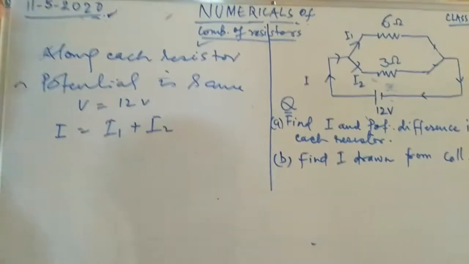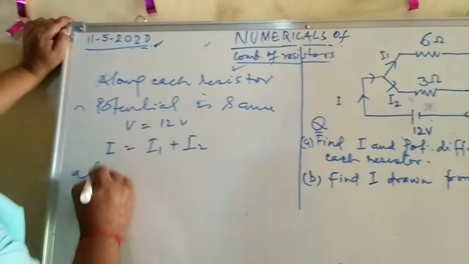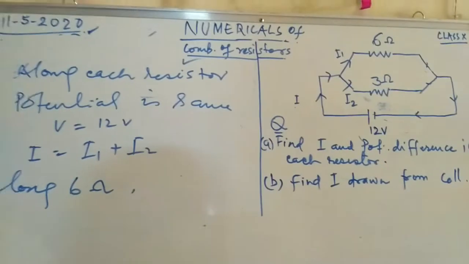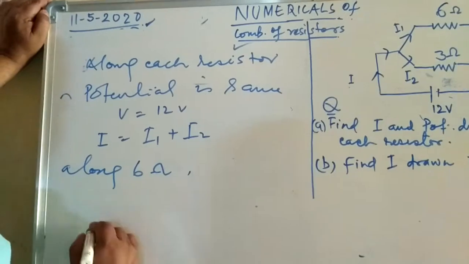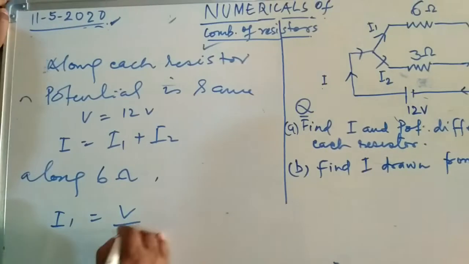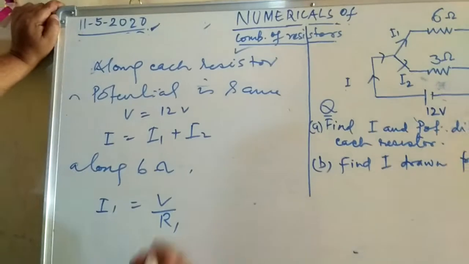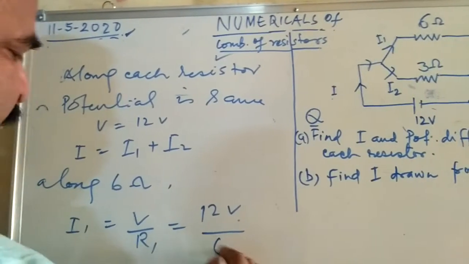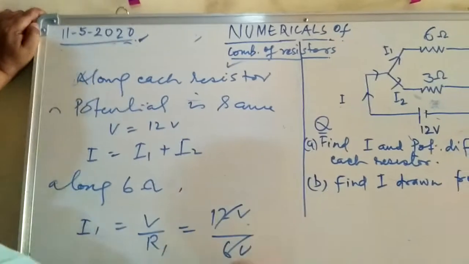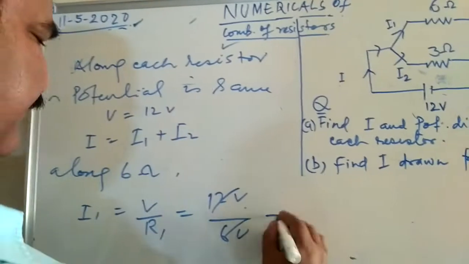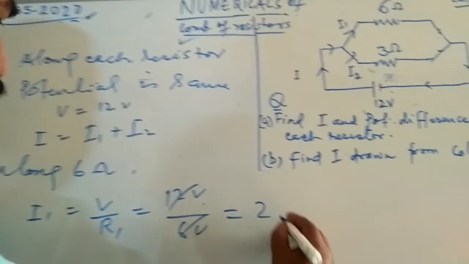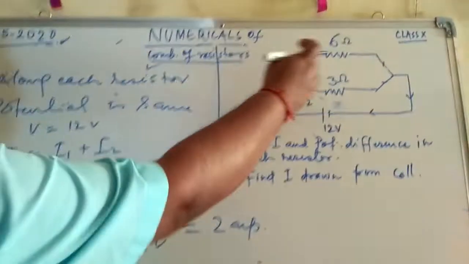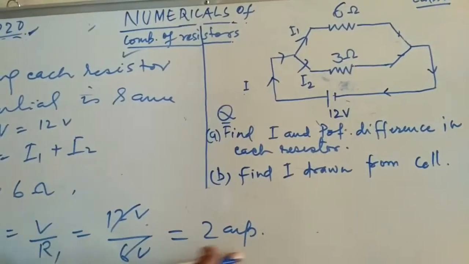Along the 6 ohm resistor we apply Ohm's law, where I1 is equal to V by R1. Here V is 12 volts, R1 is 6 ohm. If you cancel it, you get 2 ampere of current. So I1, the current along the 6 ohm resistor, is equal to 2 ampere.